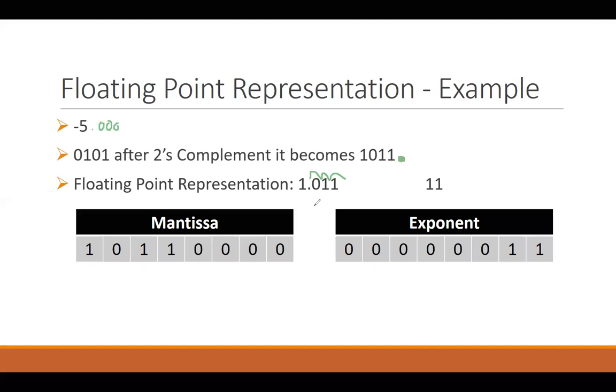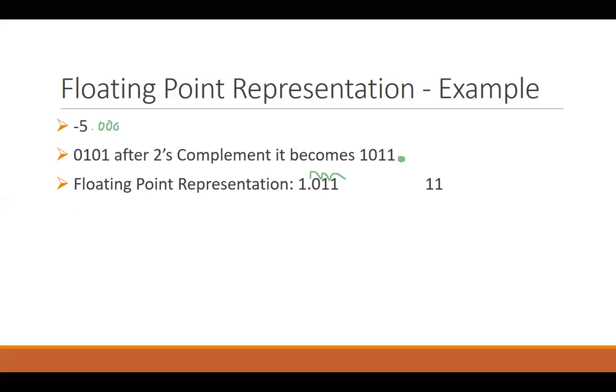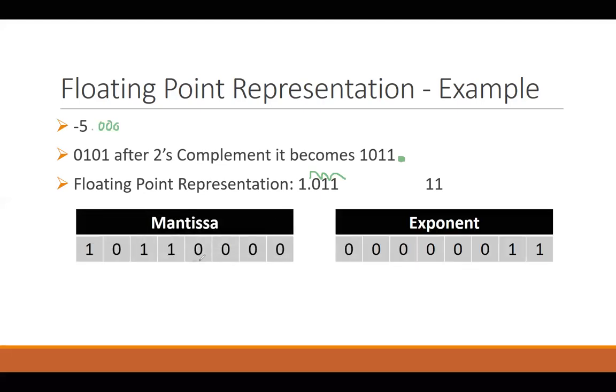As you can see in the table below the bullets, the mantissa and exponent are written separately. You can see that the mantissa had 8 bits, but in my value I only had 4 bits. So what I did was fill up all those bits with zeros.